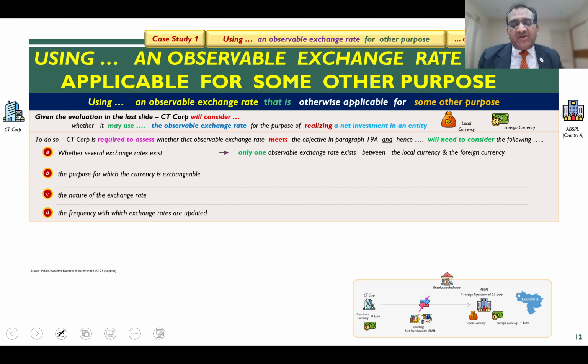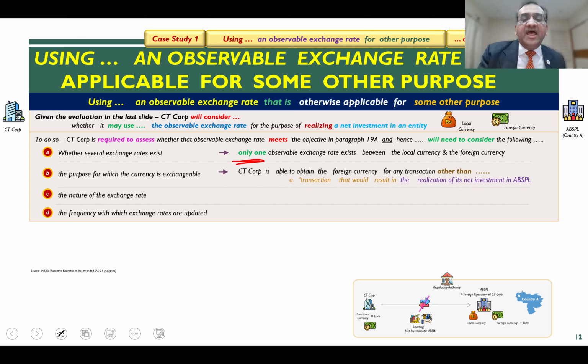Now, in our case study, the case study says that only one observable exchange rate exists between local currency and foreign currency. Then it also says that Citi Corp is able to obtain foreign currency for any transaction but not for realization of net investment in the foreign operations. Right?